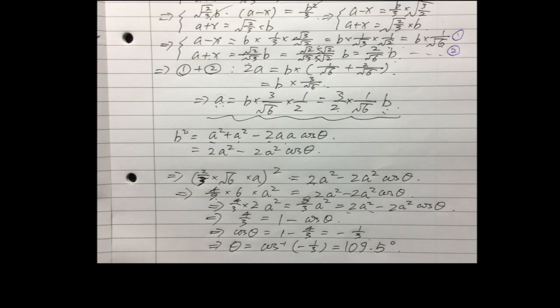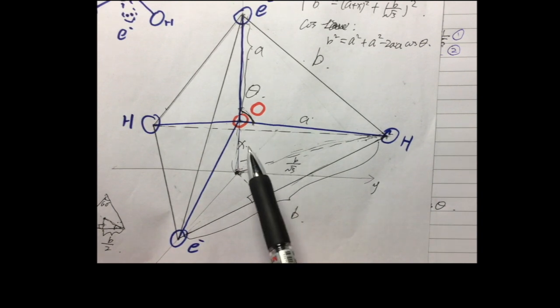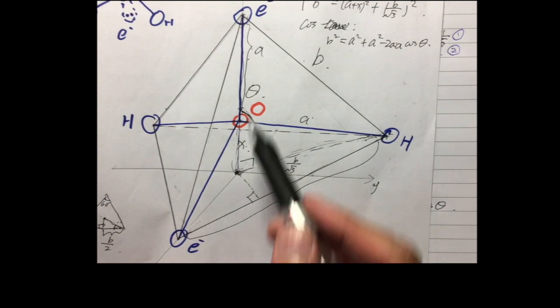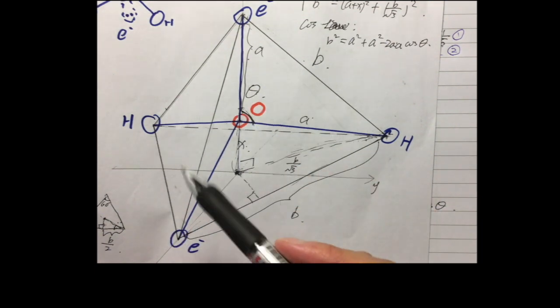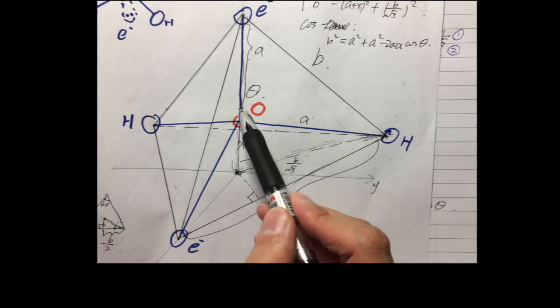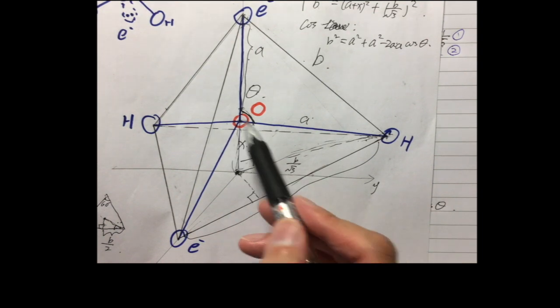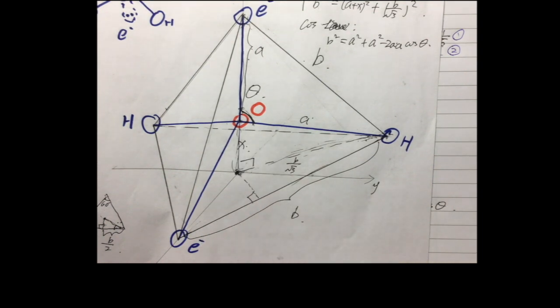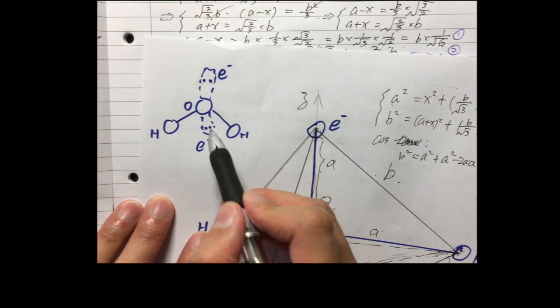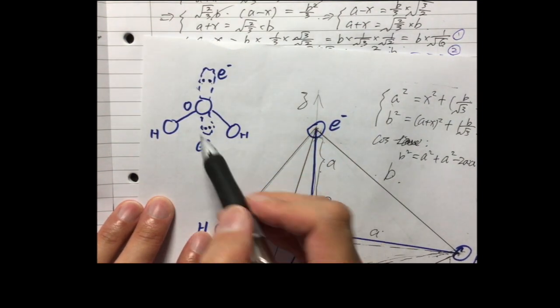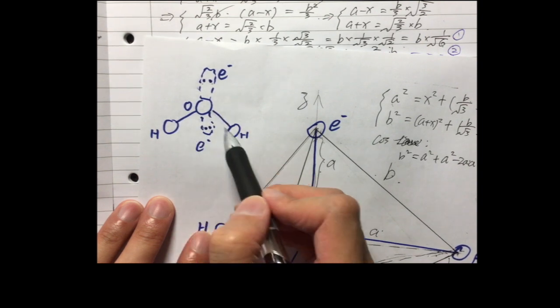Up to here, you may think the angle over here is 109.5 degrees. Well, it's perfect, but you ignored something. This is an ideal case, where all these 4 angles are the same. But in the real world, these 2 electrons and these 2 electrons are free, not like the electrons inside this bond, which are fixed.